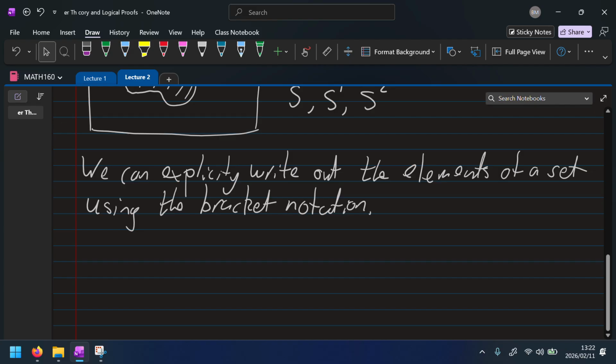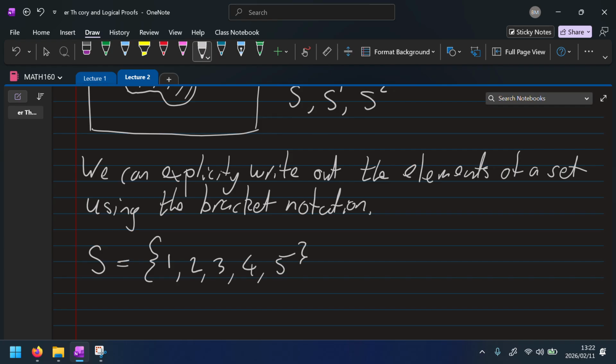I want to tell you what those elements are. We can use the following notation for that. We use a curly bracket or brace, and we can write out the elements. So let's say we have 1, 2, 3, 4, 5, and then we have the closing brace. So here we have a set S, and those are its elements.